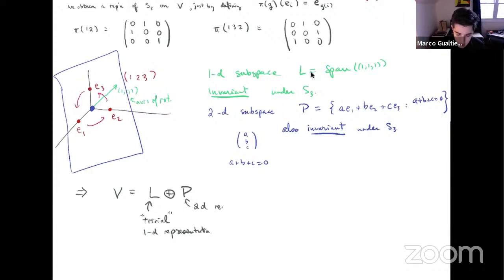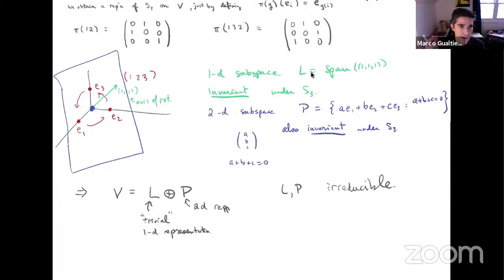two-dimensional representation. And this is a two-dimensional non-trivial representation. And both L and P are irreducible. You can see that by just seeing that if you take a non-trivial group element and you look at its action on P, on the plane, for example this one, 1, 2, 3, you can see that it rotates and it doesn't have any eigenspaces.